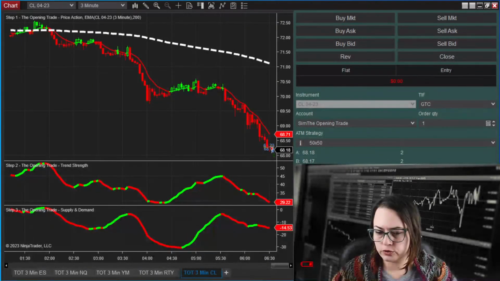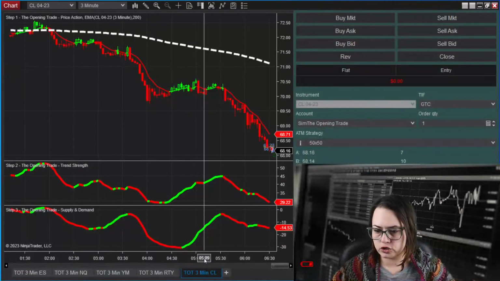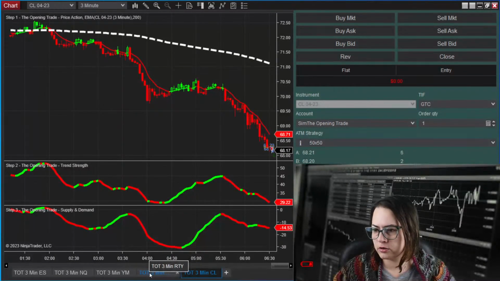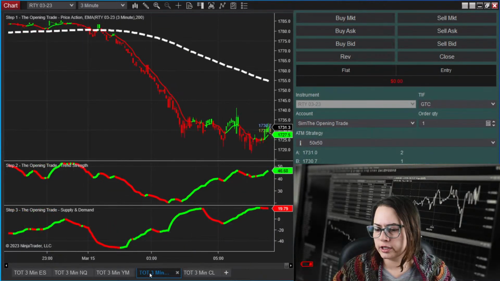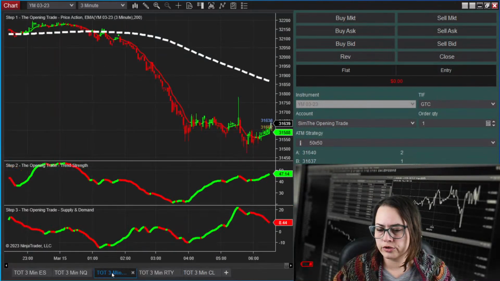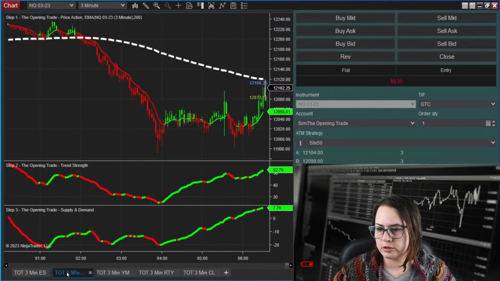All right, so we're looking here. The crude oil chart is below the 200 period EMA. So let's take a look here. We're seeing that the Russell is also below, the YM, which is the Dow Jones futures, is below.